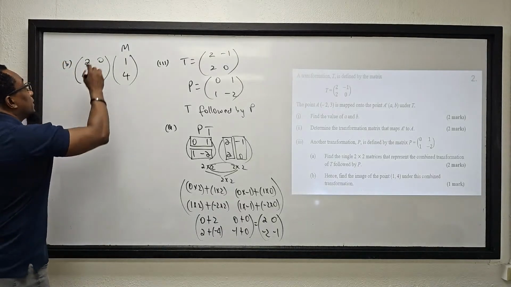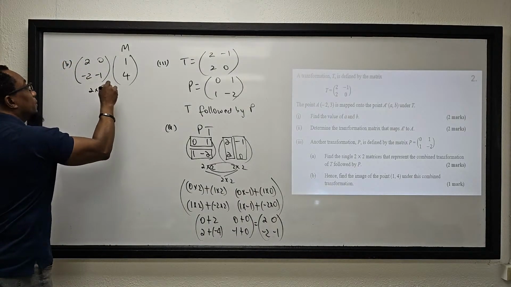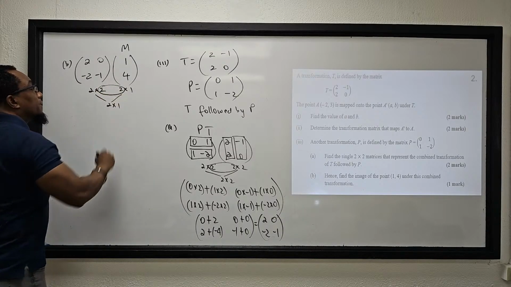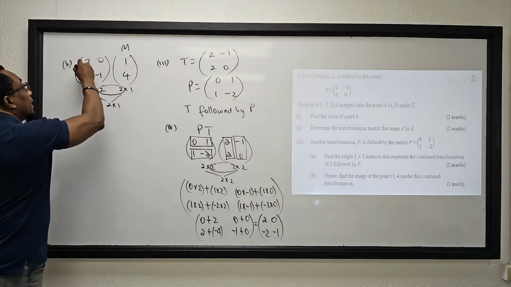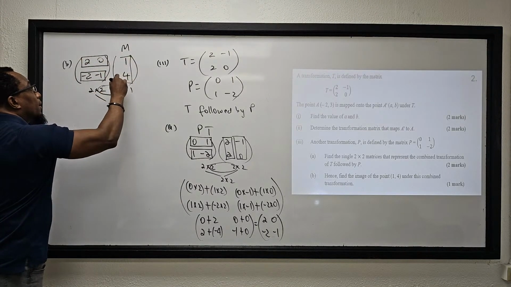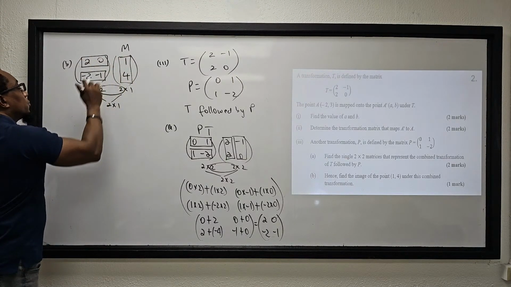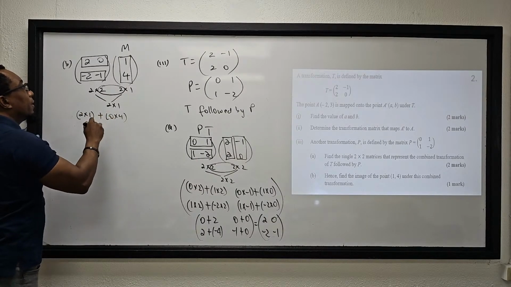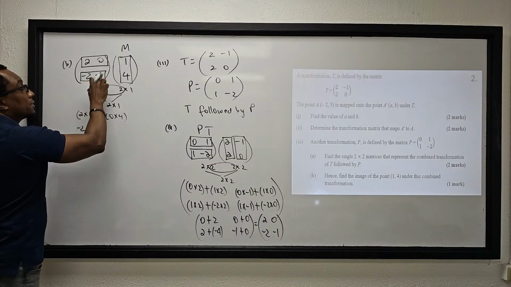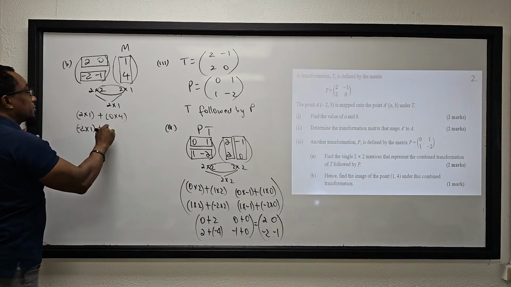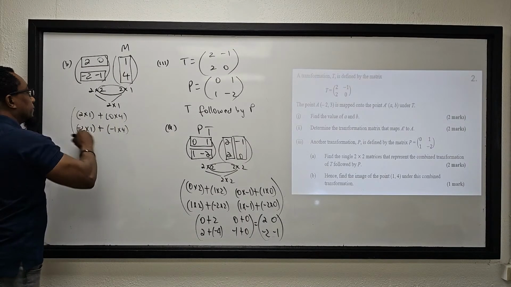So let's multiply. This is 2 by 2 times 2 by 1, the two inner numbers are the same, and the outer numbers give 2 by 1. The rows are multiplied by our only column: 2 by 1 plus 0 by 4, and second row, negative 2 by 1 plus negative 1 by 4.